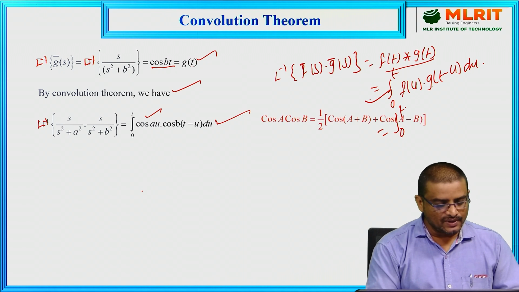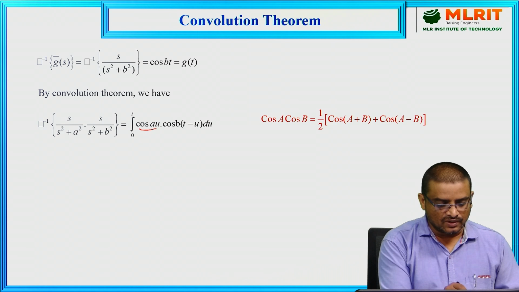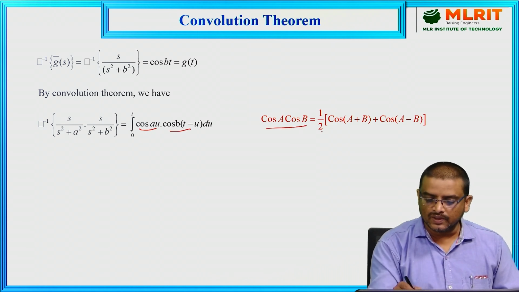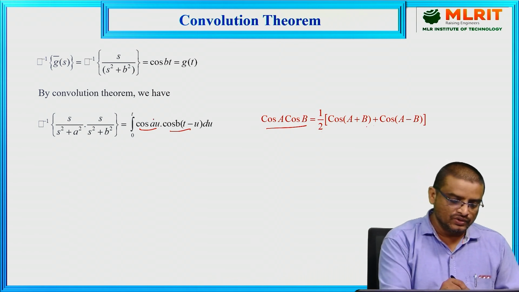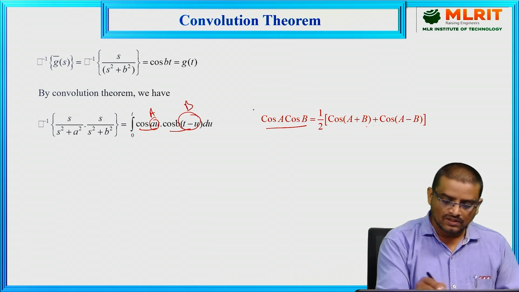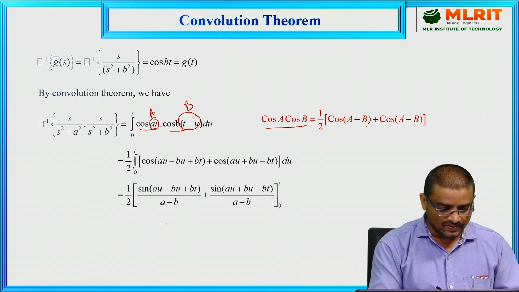Now complete this integration by using this formula. This is of the form cos a into cos b. Cos a cos b is equal to 1 by 2 into cos of a plus b plus cos of a minus b. Consider this as a and this as b, and substitute those values in the formula.